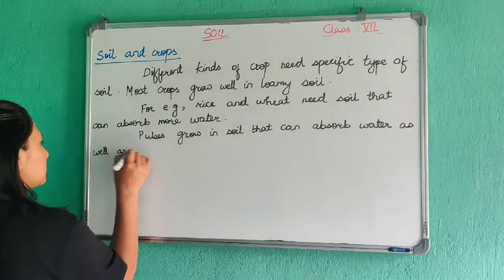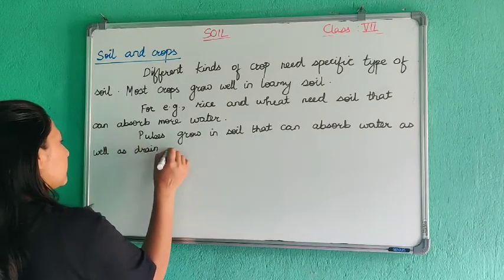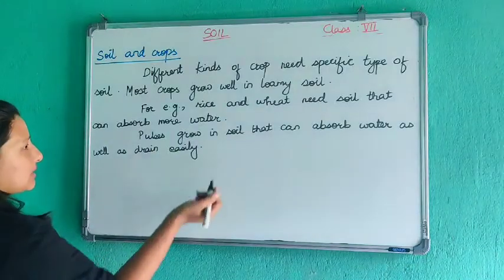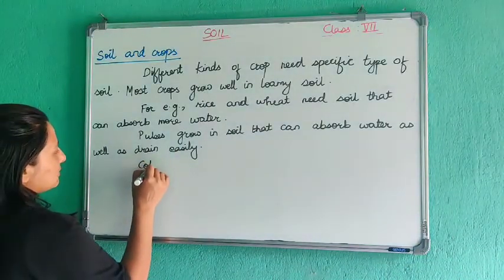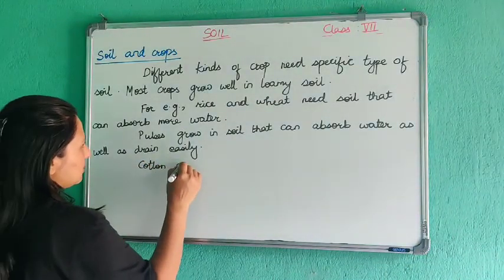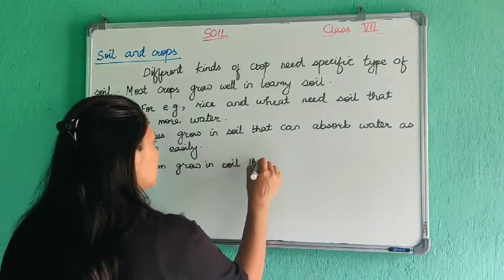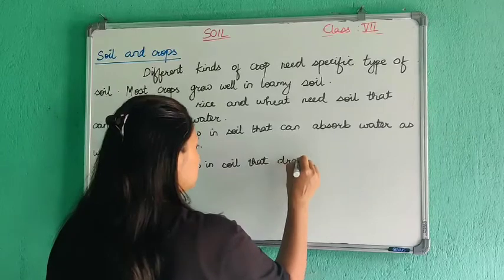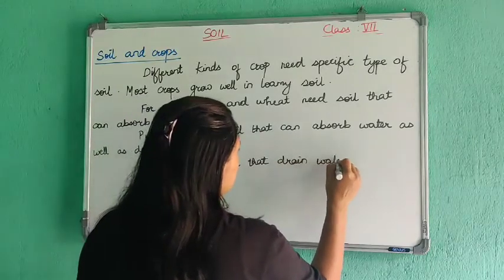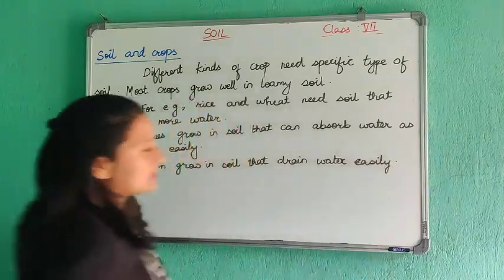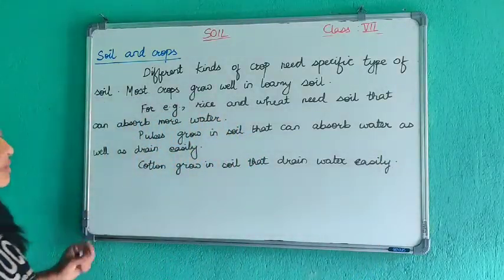That means it should absorb water, and it should also release it easily. Okay, and then cotton grows in soil that drains water easily. So in this way, different crops need a specific kind of soil.